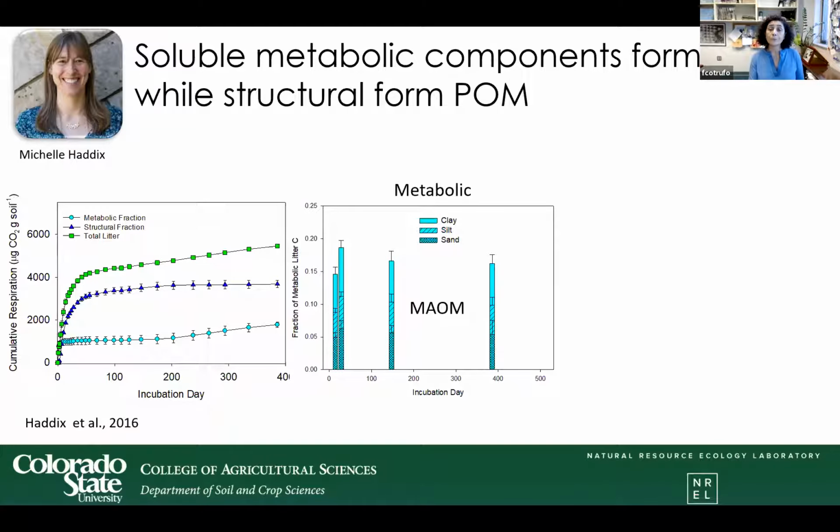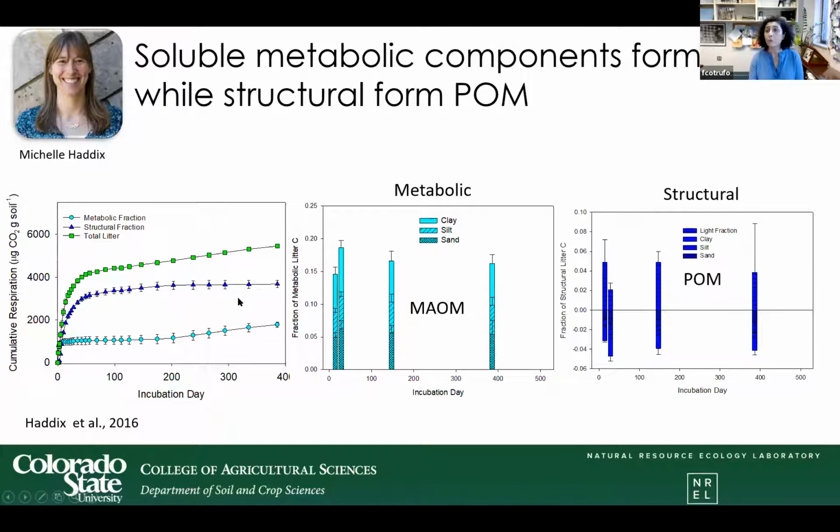And what we observed was that basically the mineral-associated organic matter was only formed by the soluble component, what we call the metabolic component. Basically, it's the hot water extractable. Whereas the structural component, despite being used by the microbes, only formed the POM in the soil.